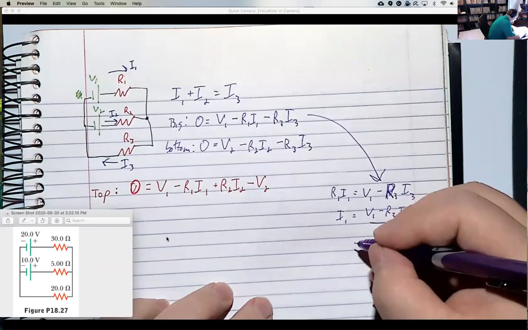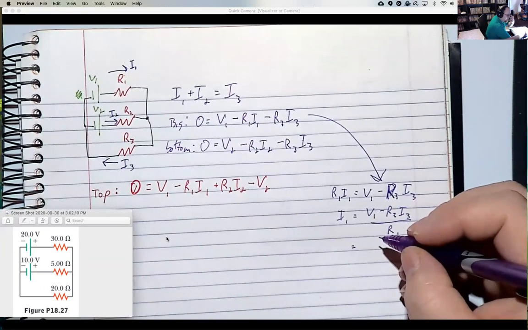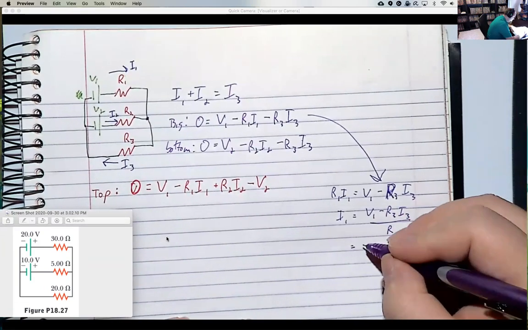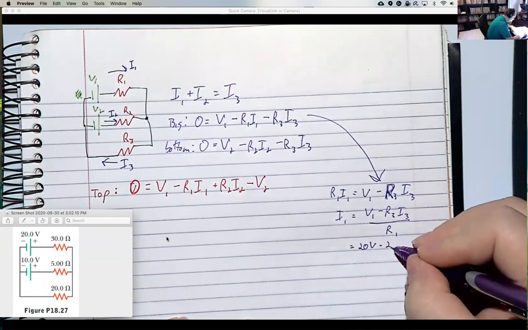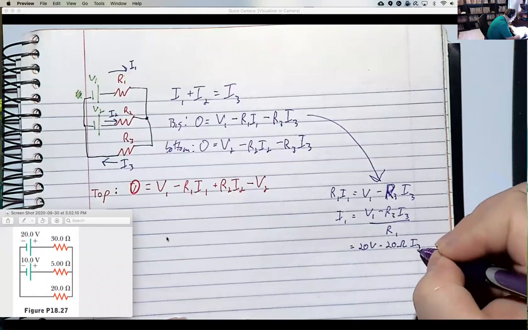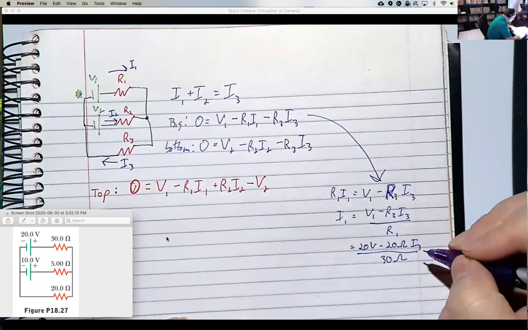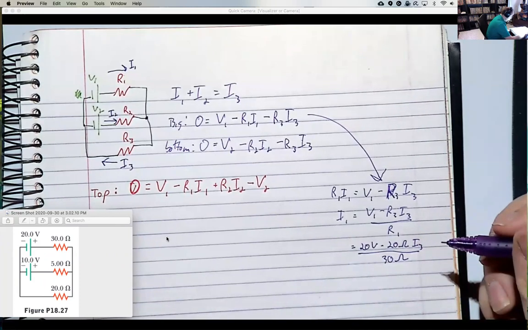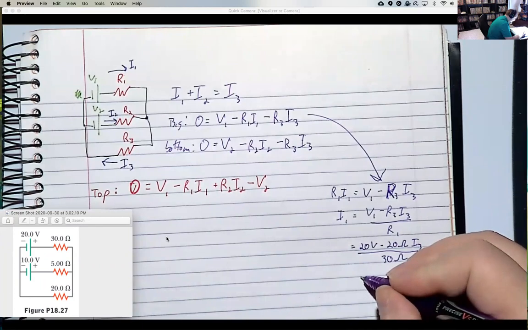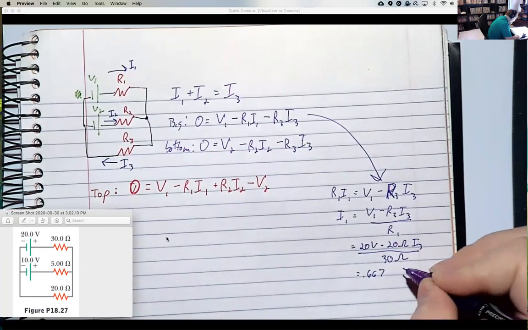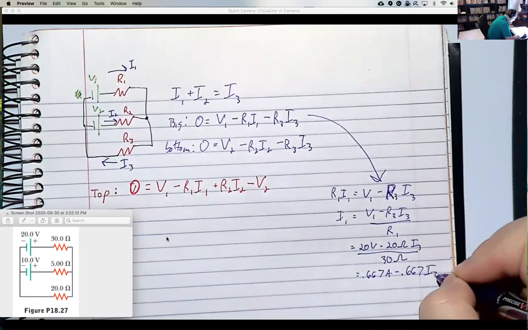So V1 is 20 volts minus R3, which is 20 ohms, I3 over R1, which is 30 ohms. So 20 over 30 is 2/3, which is 0.667. So I have 0.667 amps minus 0.667 I3.